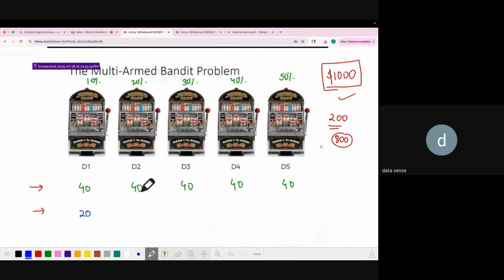Out of this 40, let's say, 15. Out of this 40, you got 10. Out of this 40, maybe 18. Out of this, you got only 8, right? So if you do the ratio, you will see that this is 50%. This is like how much? Approximately 35%, right?